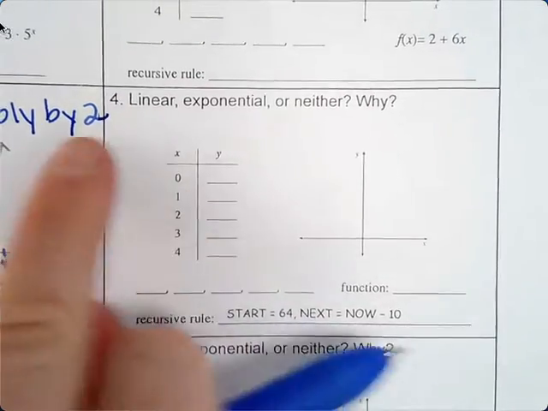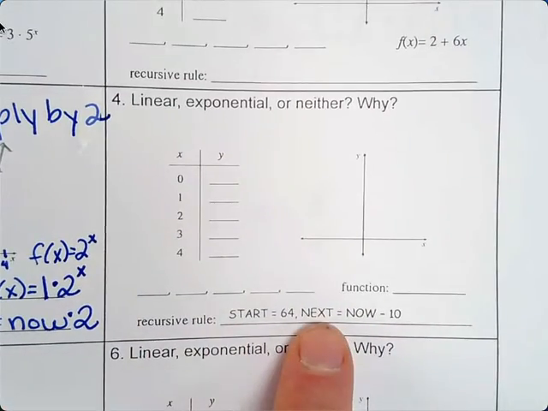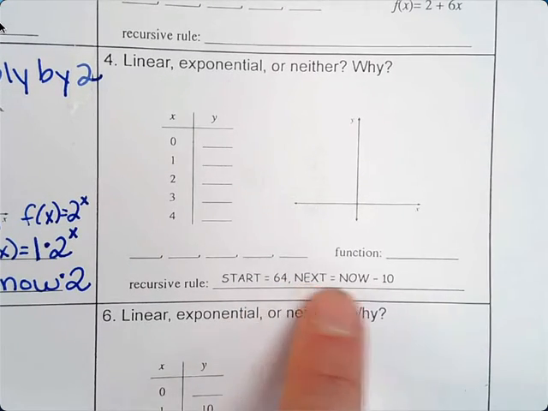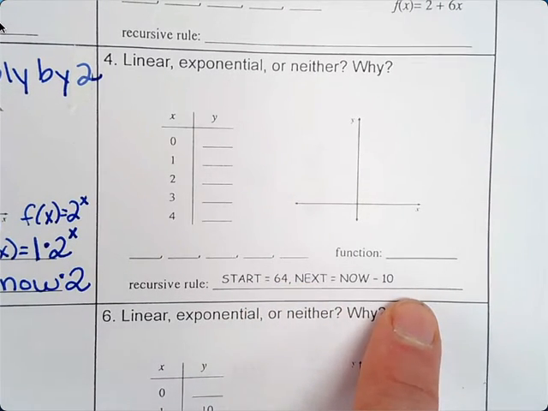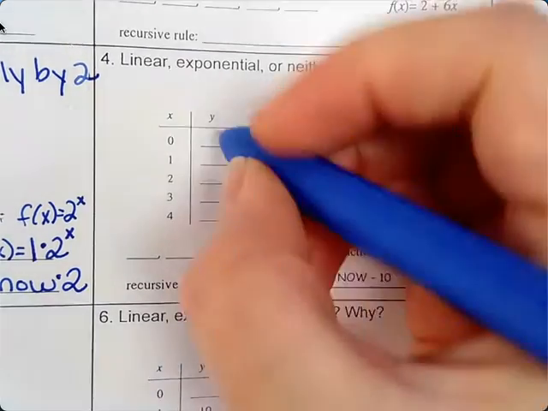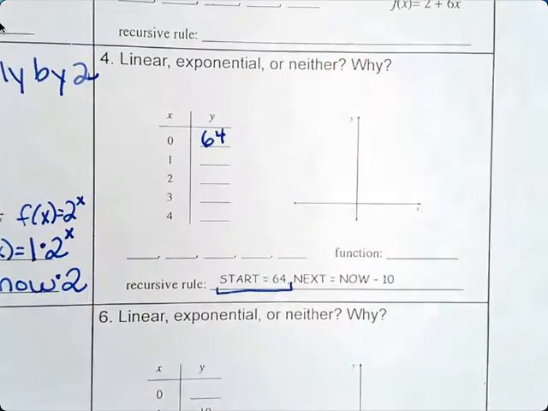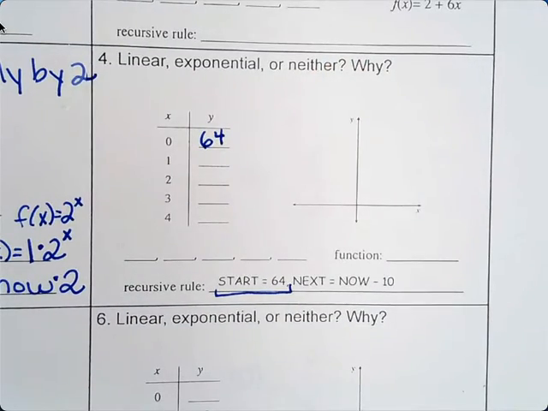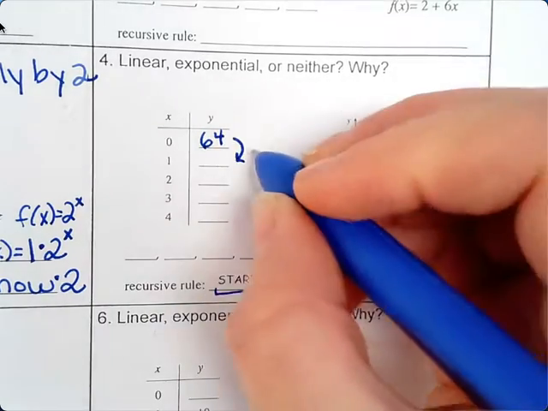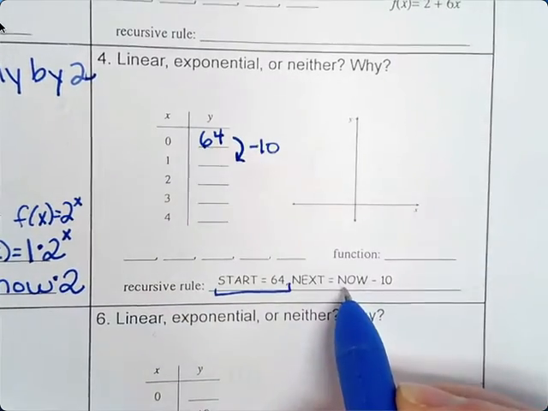All right, the only thing we have is this recursive rule. Start at 64, next equals now minus 10. So where does the start value go? At the 0 value, right? Then what do we do from there? Subtract 10, because it says next equals whatever we have now.